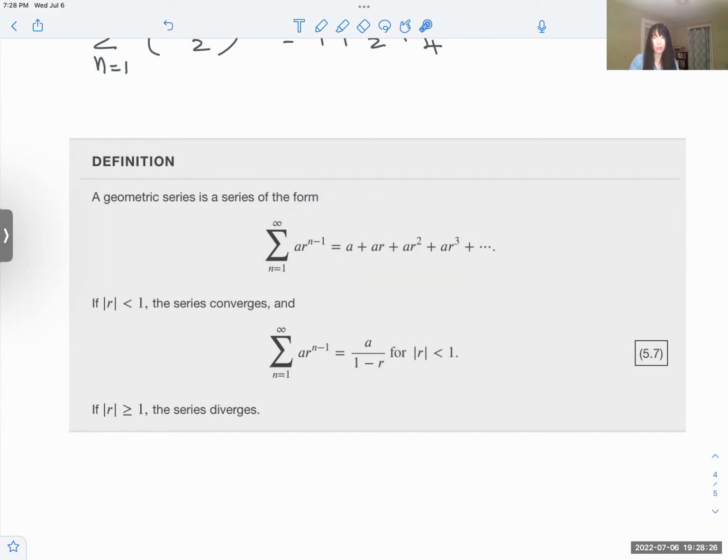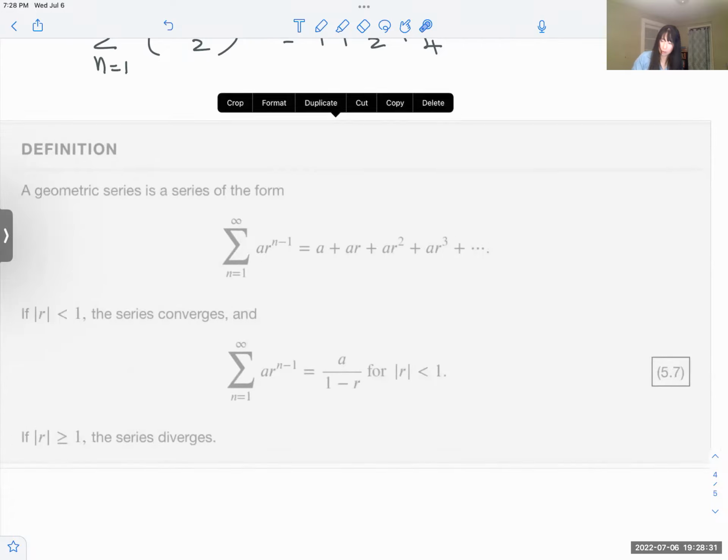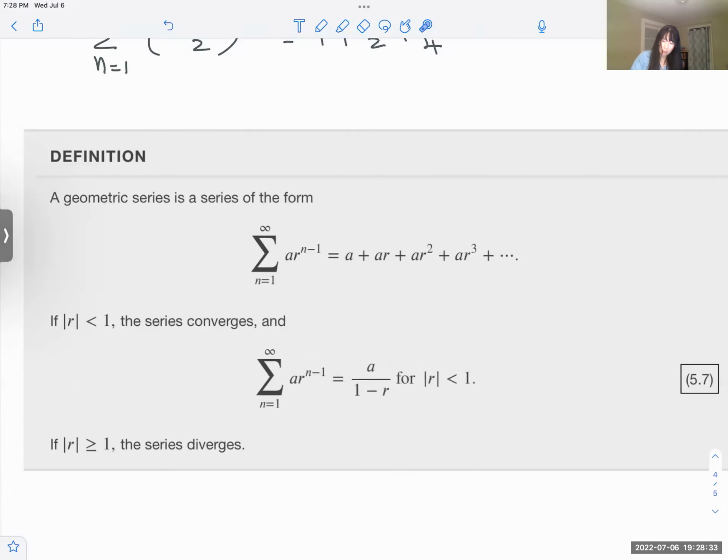And look, they say that if the ratio r with absolute value, that means we don't want the negative, right? So sometimes r is negative, then we take the absolute value.